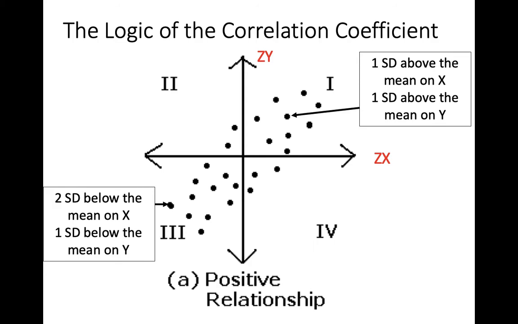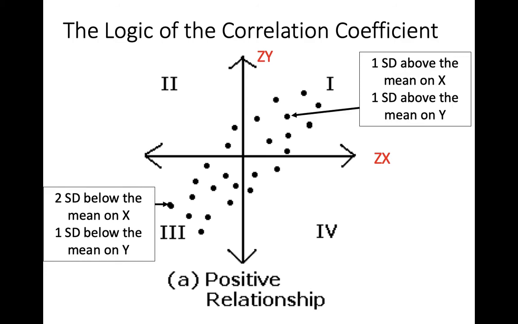It doesn't matter that we would have exciting activities with a partner and marital satisfaction that are on two entirely different metrics. We're going to convert our raw scores to z-scores, and that allows us to express the extent to which our score deviates from the mean in standard deviation units. So now we're talking about standard deviation units on X and standard deviation units on Y, which are directly comparable.